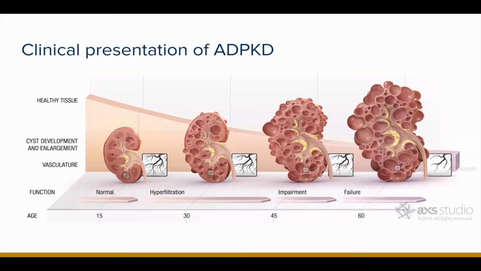And this tends to have a snowball effect. And so you can see that patients with PKD tend to have a preserved GFR until much later stages of the disease, when their GFR tends to fall off a cliff. And in earlier stages, hyperfiltration can be present, which maintains the GFR as a result of the remaining functioning nephrons working harder.